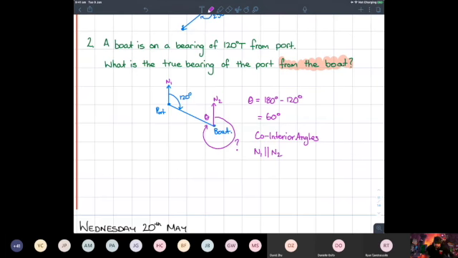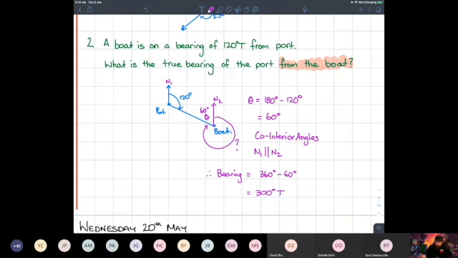All right, so that's 60 degrees, but that hasn't answered our question yet. All we know is that there's 60 degrees in here. But of course, now we know that's 60 degrees in there. Let's do it down here. Therefore, the bearing is going to equal 360 minus 60, which equals 300 degrees true.